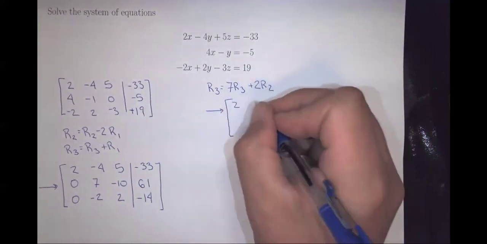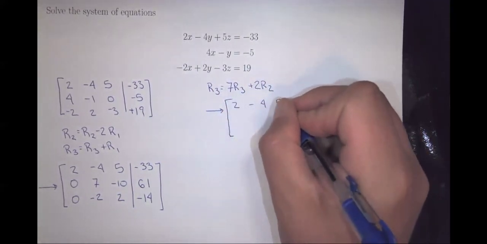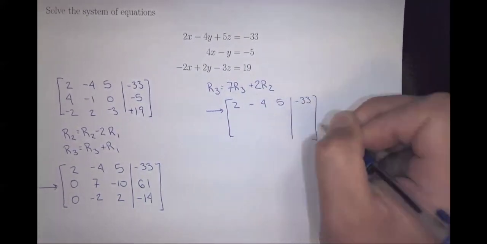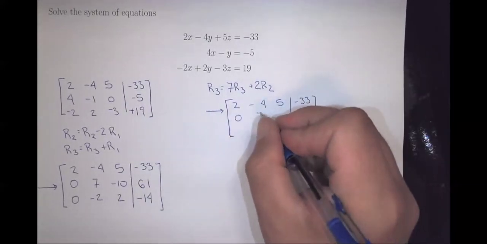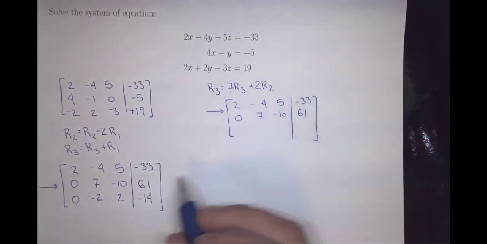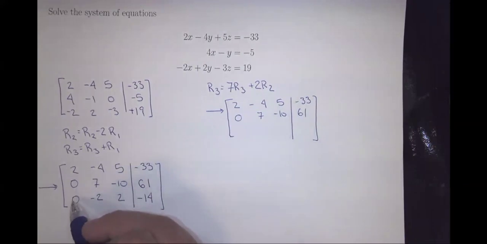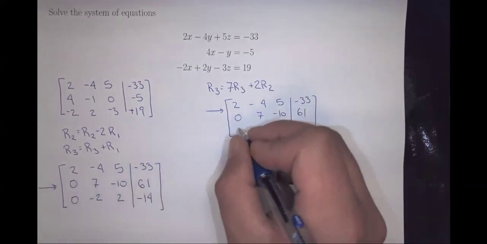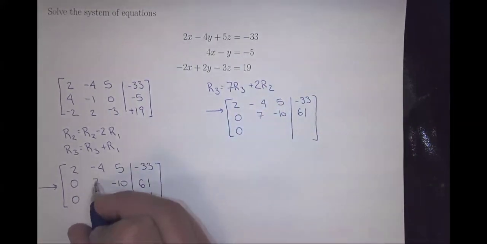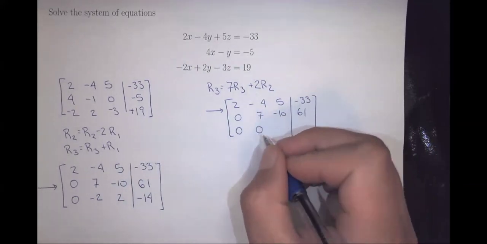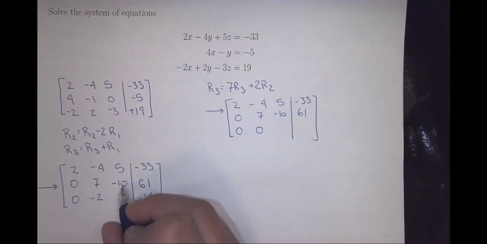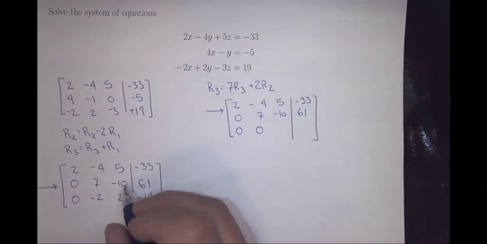So leave the first 2 rows alone. And here we've got 7 times 0 plus 2 times 0 is 0. 7 times -2 plus 2 times 7 is 0. 7 times 2 plus -10 times 2 is -6.